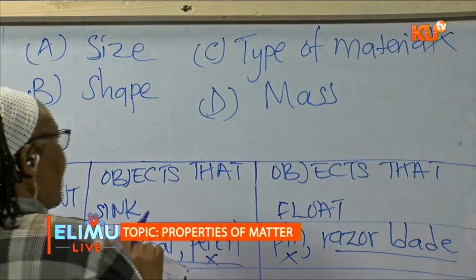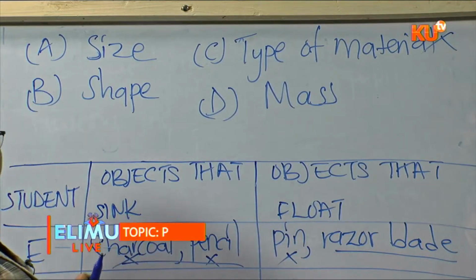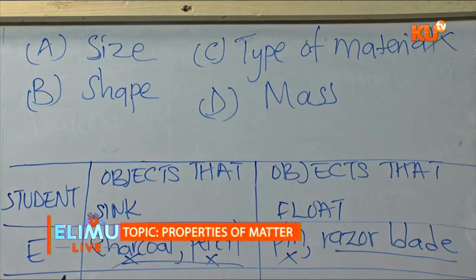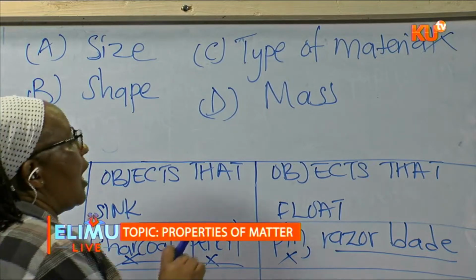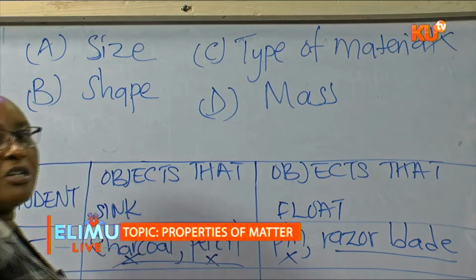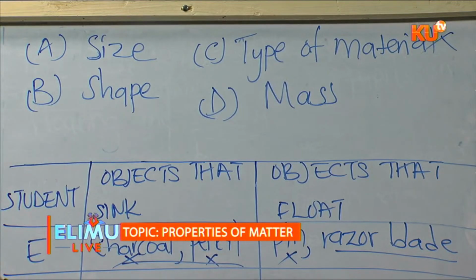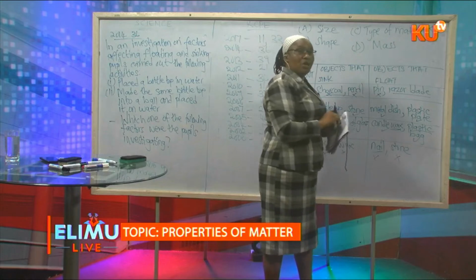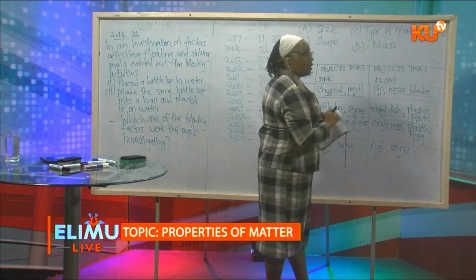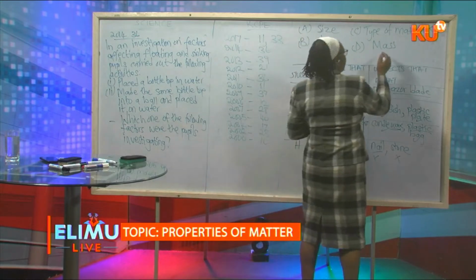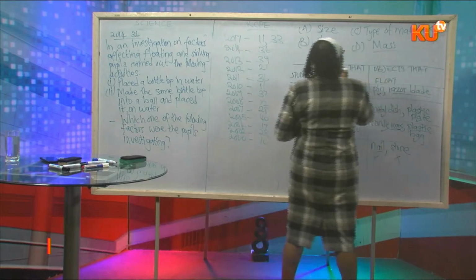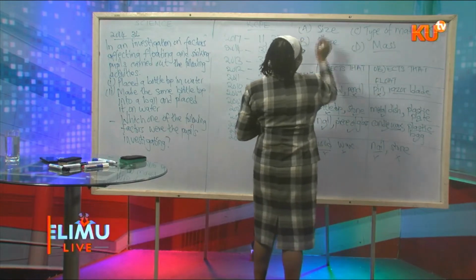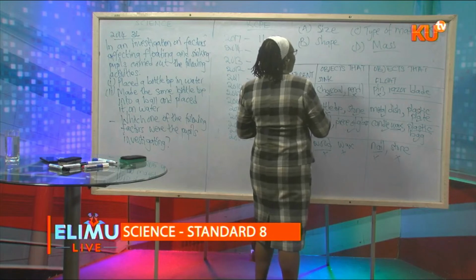Mass, it is not mass because mass is not in the syllabus as we investigate floating and sinking. It's not because of the mass, because even heavy objects may not float, and therefore it is not mass. The size of this bottle top has not changed.